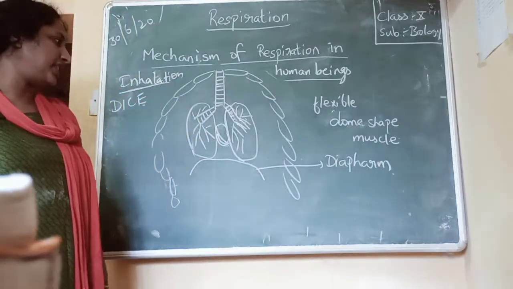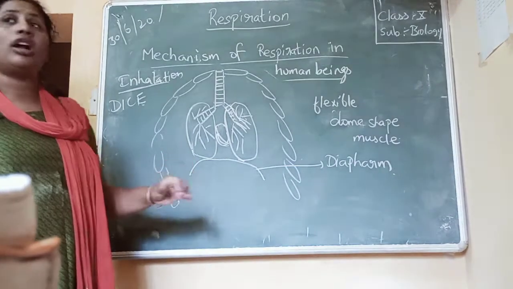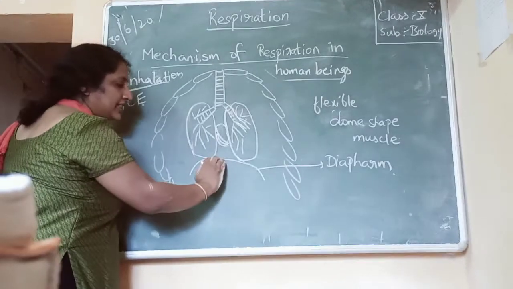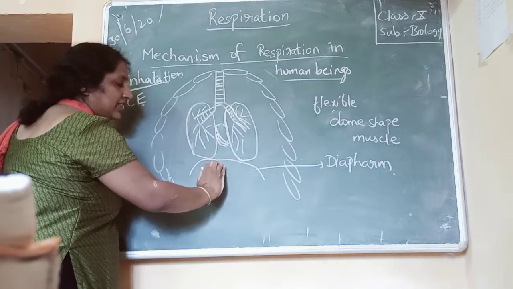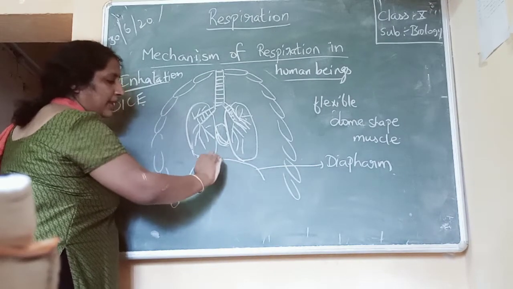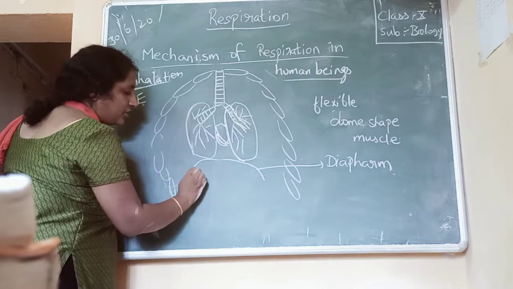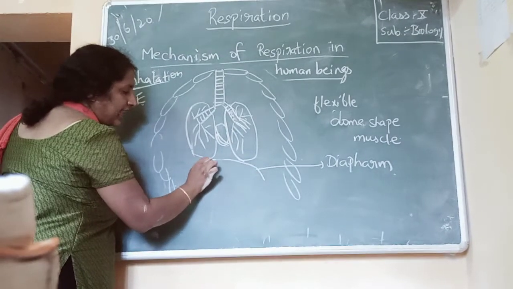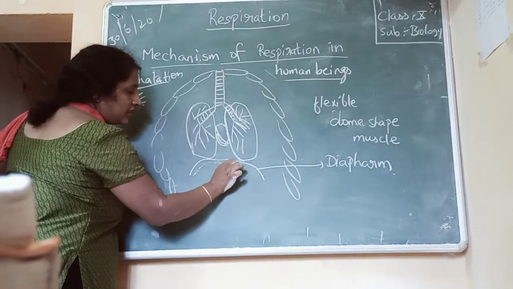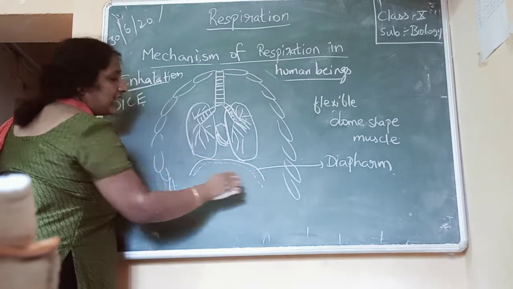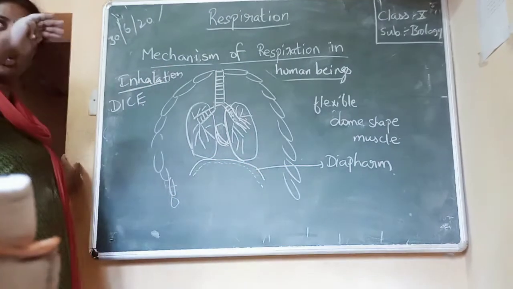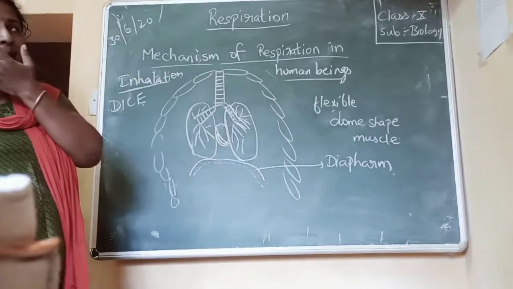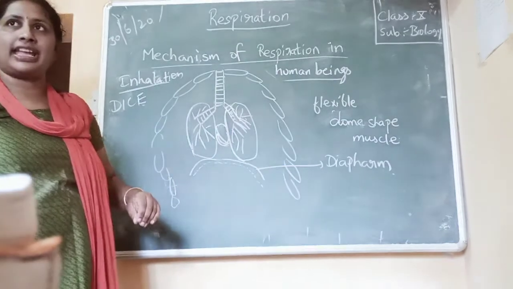While inhalation, the diaphragm contracts. This is our diaphragm. When it contracts, it comes down slightly. I will just draw it like this. The diaphragm just slightly comes down, that is, it contracts.